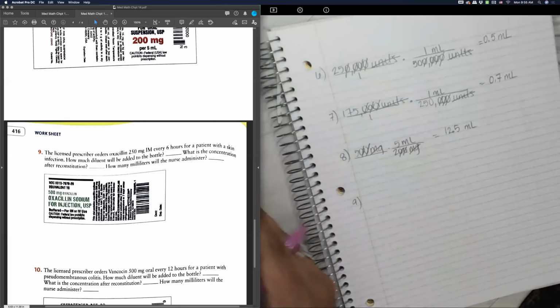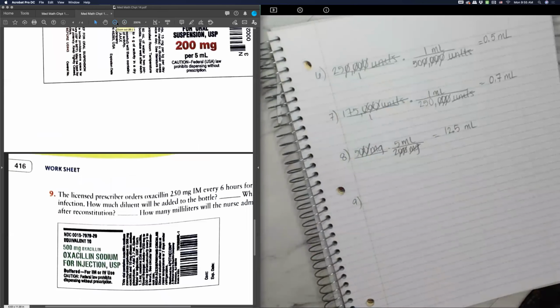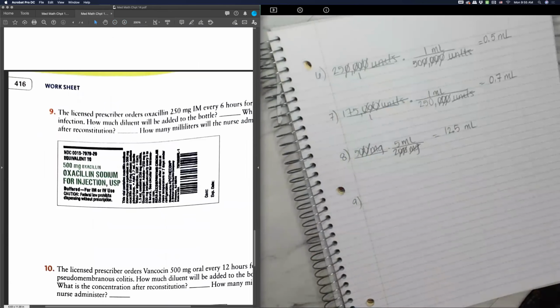So right here, I don't know if you're going to be able to see it on this. Okay, so right here, does everyone see where my cursor's at? This problem is telling us to add 2.7 milliliters of sterile water.